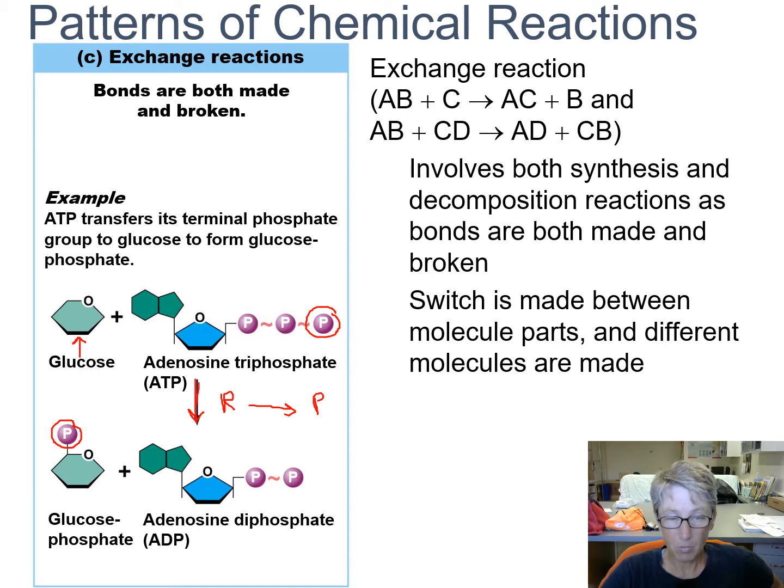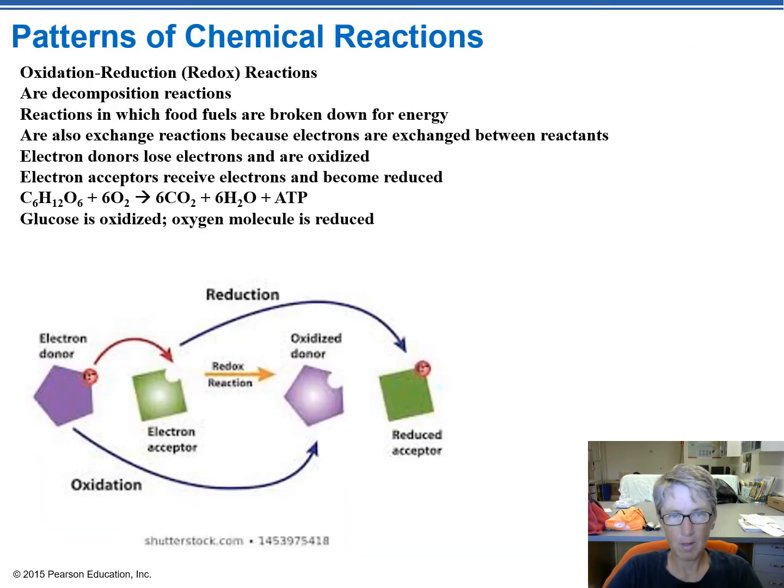In this, the way they drew this, they have the reactants on the top of the arrow, and the products are down here. So exchange reactions can involve both synthesis and decomposition reactions. Bonds are made and broken. So it gets pretty complicated, and if you take a chemistry class, you can learn more about that. Oxidation reactions. These are really important.